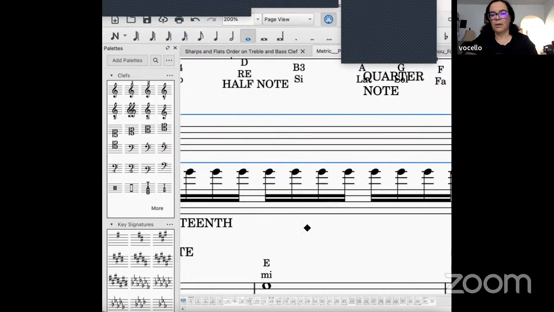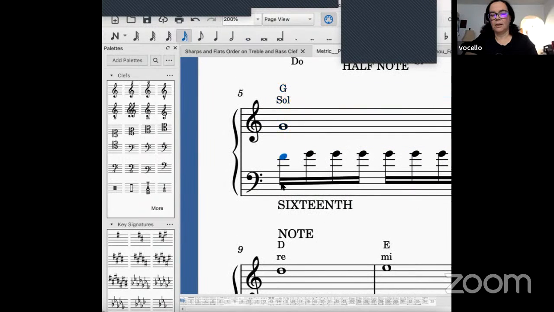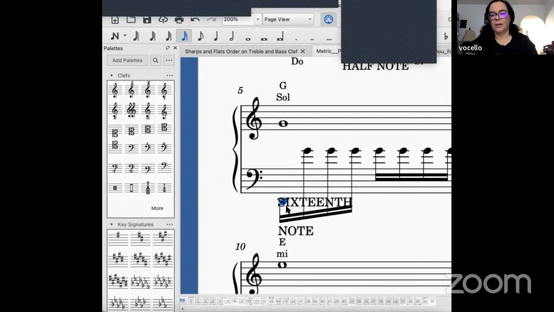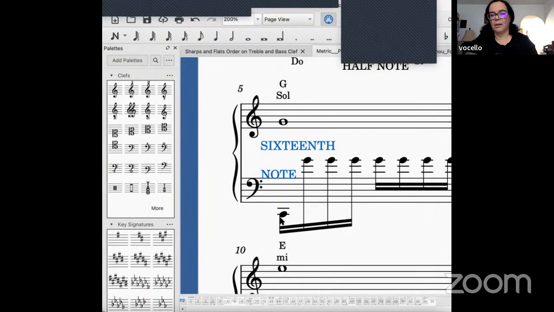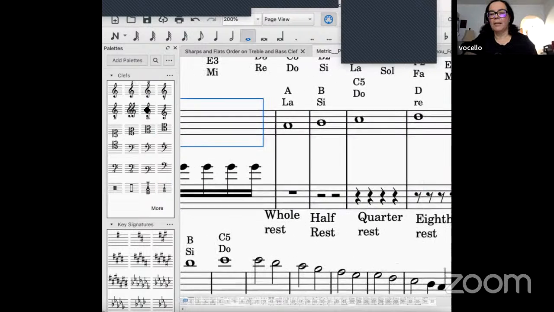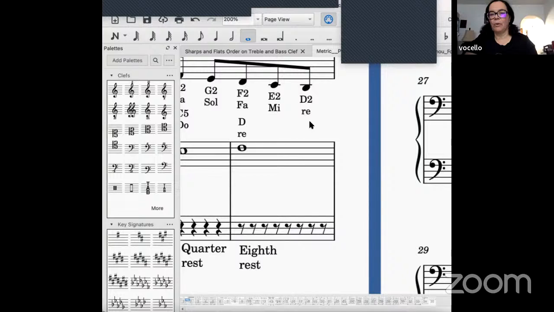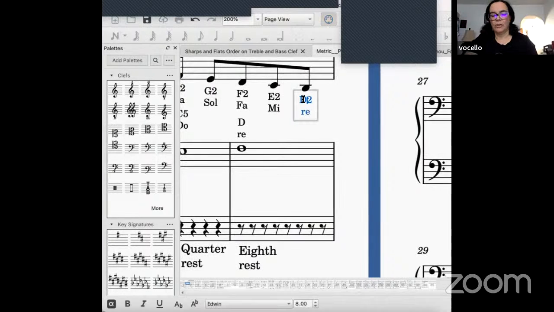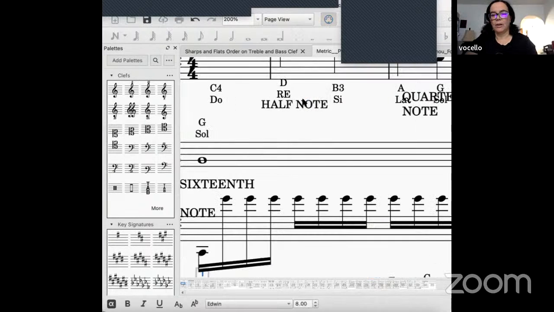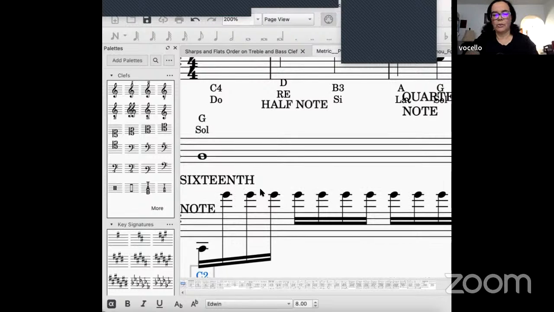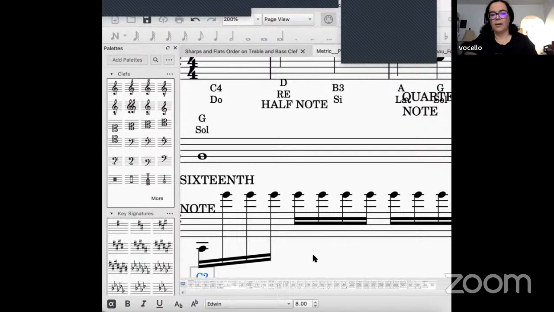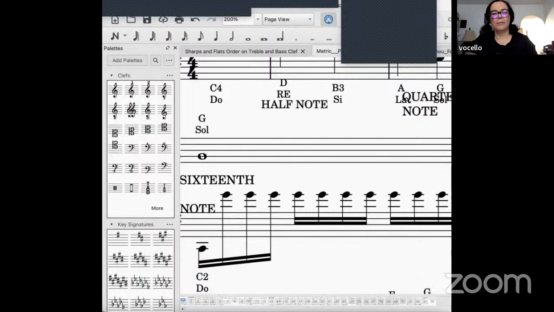Let's go to here. The second ledger line below the musical staff on the bass clef is your C2 or Do2. Let's go until here, okay?